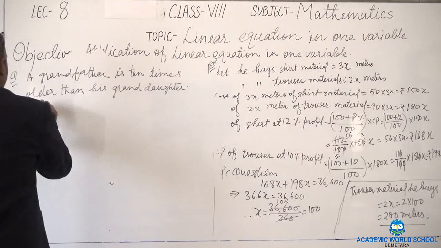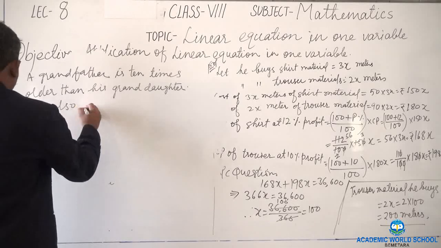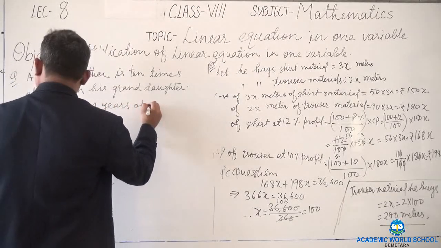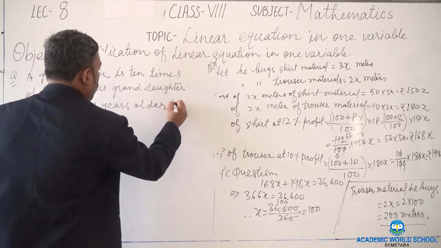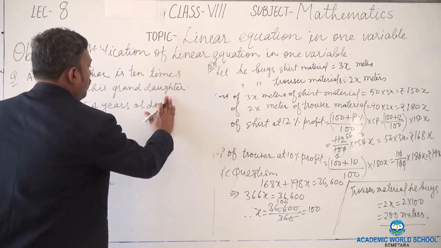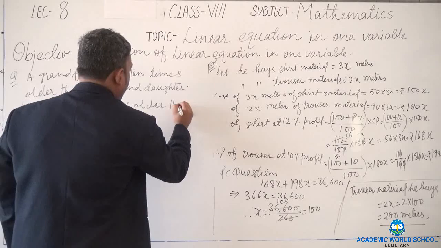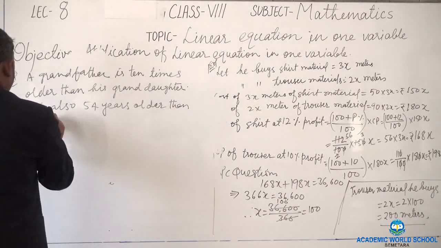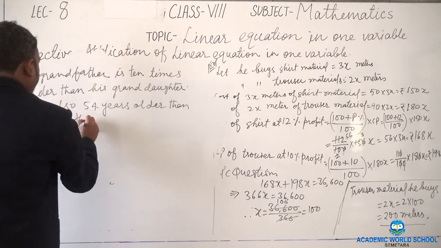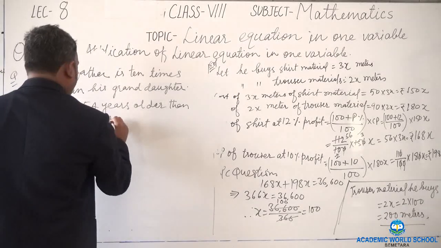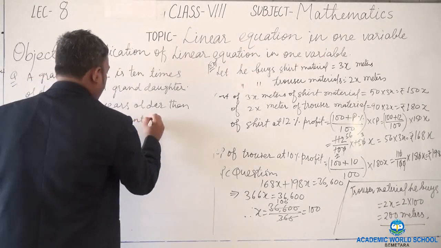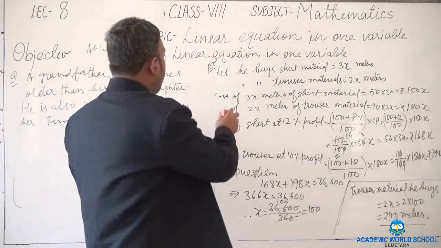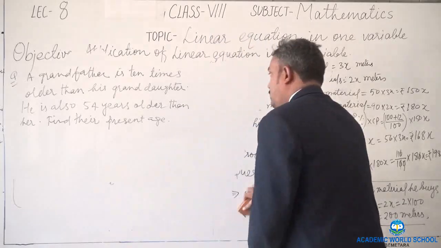He is also 54 years older than her. Find their present age. Okay. So for this question, I will just form the equation.